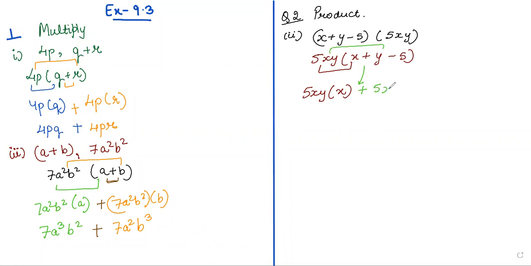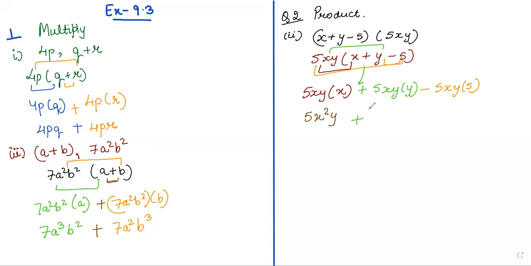Multiply 5xy by y. Put the sign of minus as it is. Now multiply 5xy by 5. Now on multiplying 5y by x, we get 5, x into x is x square, write y as it is.